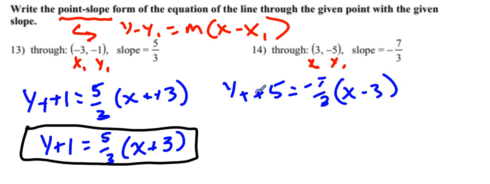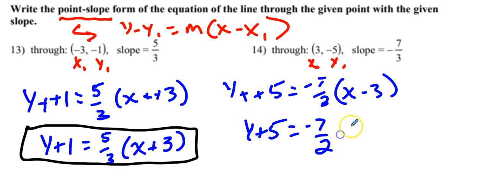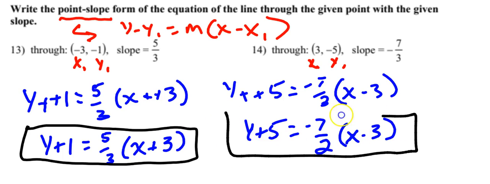Change those both to positive. Y plus 5 equals negative 7/2 x minus 3. Done. Good. I hope you got that one right.